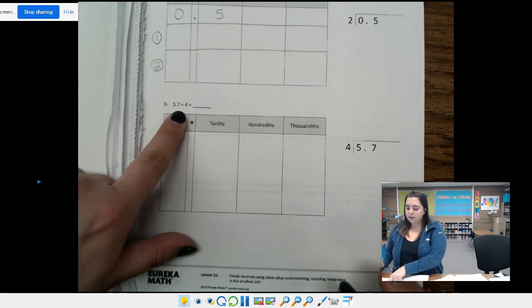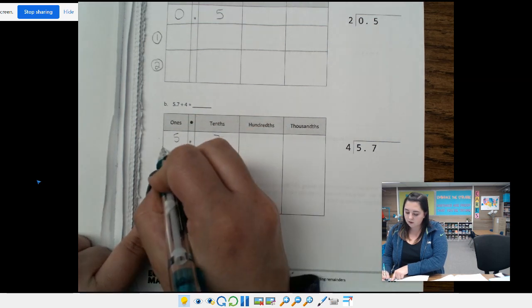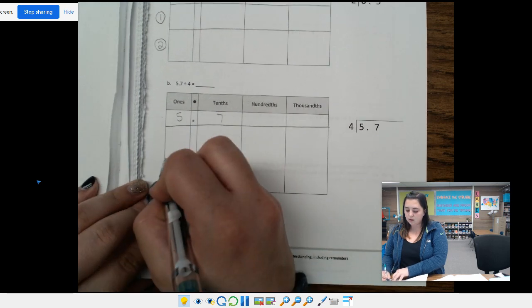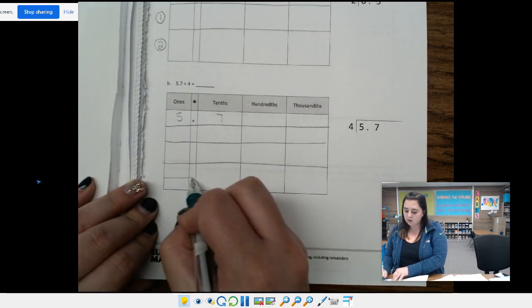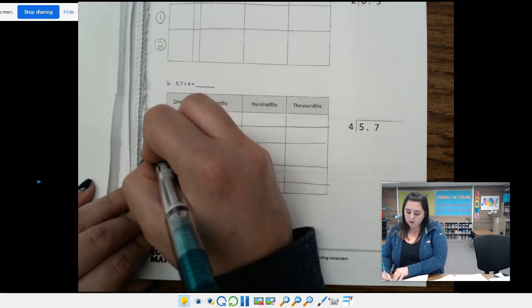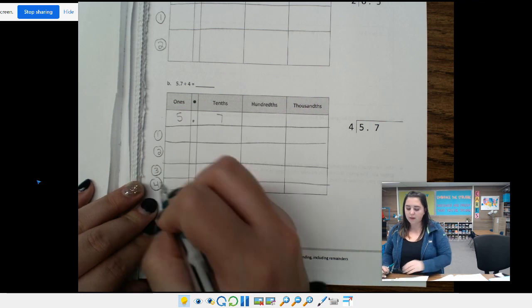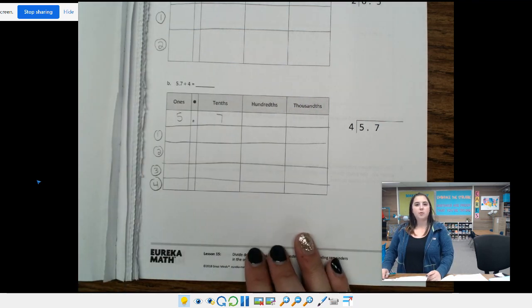And the next one is 5 decimal 7. Notice I'm writing this kind of small because now I have to divide it into 4 groups. So 4 groups, and draw 3 lines. Here's group 1, group 2, group 3, group 4. Make sure you have 4 groups on the bottom, 2 groups on top.